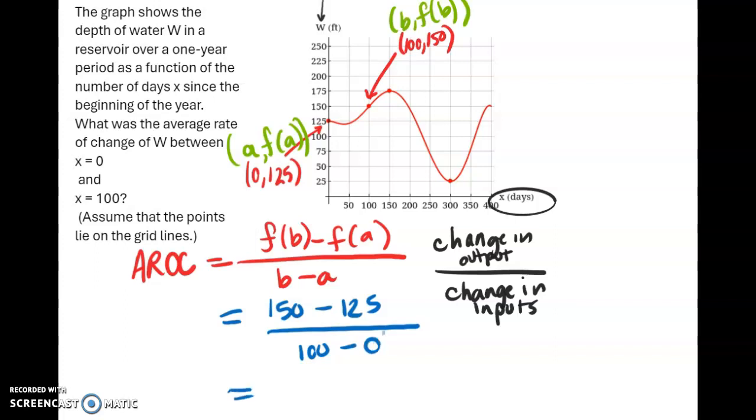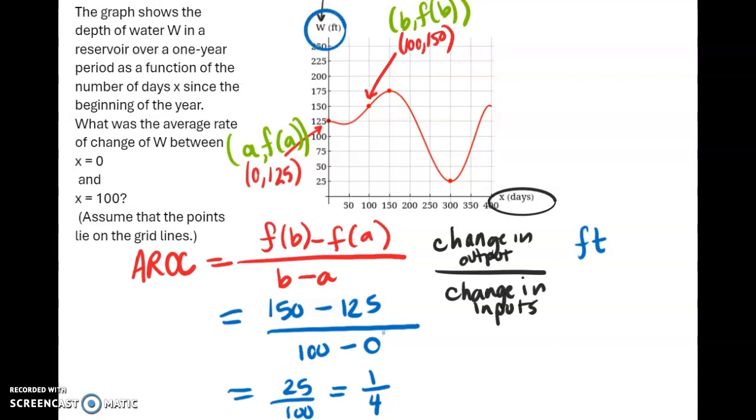So doing the subtraction up top, I get 25 over 100, and that would be 1 over 4 when I reduce it. So that would be my answer. And let's talk about what the units would be on this answer. So if we look at the output, it is in feet, right? We can read it from the graph here.